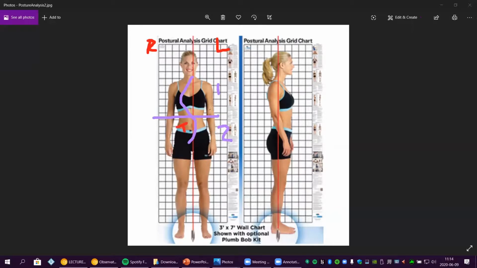If that's my tight side, then what's the other side going to be? Typically not tight, and this side's going to be stretch weak, right? Or it could just be stretched. It may not necessarily be weak, it just may be overstretched. But a lot of times when you've been under that stretch for a period of time, those muscles lose the ability to return to their normal shape, so they truly become stretch weak.